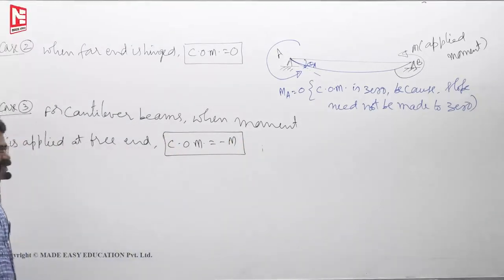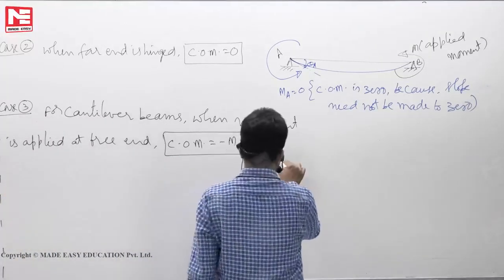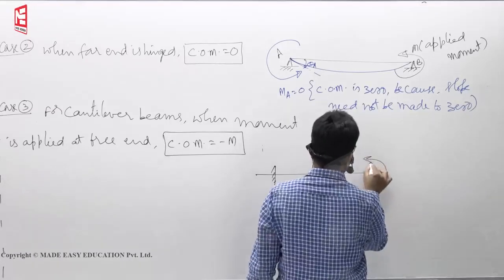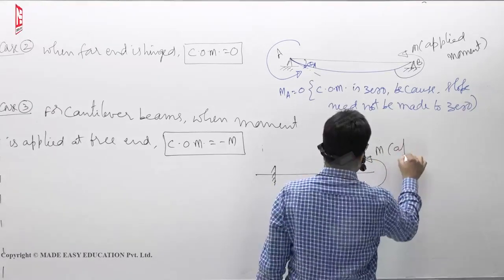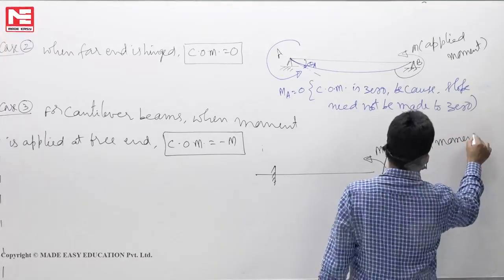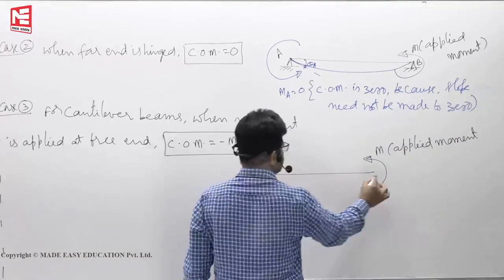Why carryover moment minus m? Because of this reason. Assume that we have a cantilever beam, and a moment m you have applied like this. This is your applied moment. This point let us say A, B.